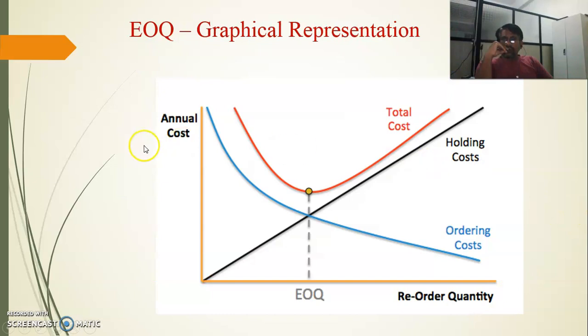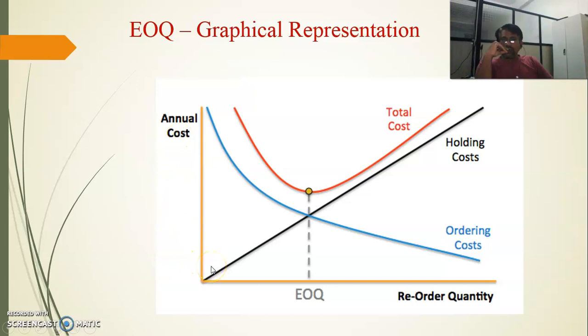This can be understood with the help of the graphical representation, where the graph which has been provided represents the order quantity on the x-axis and the annual cost on the y-axis.